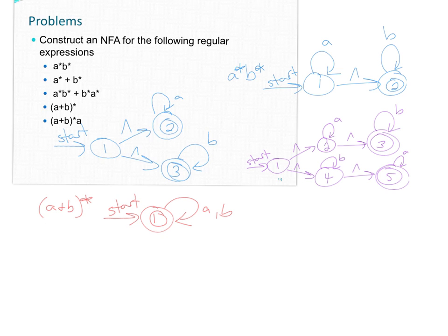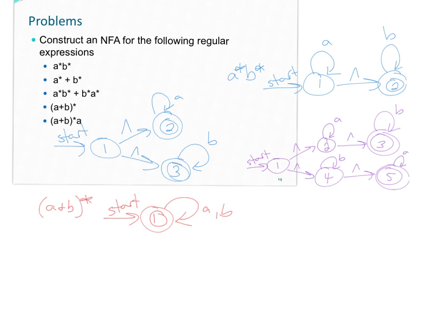And again, I think we've done this before, but maybe it's just very similar to what we did before. We're going to have our start, as many A's or B's as we want, and in the end, we have an A, and we go to state 2 where we accept. Now, notice that, again, you need to make a decision.